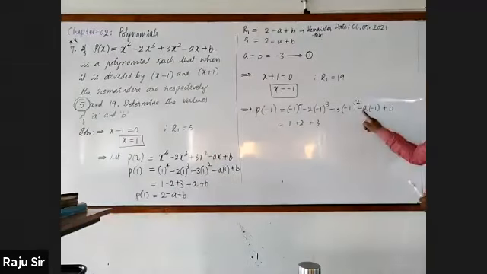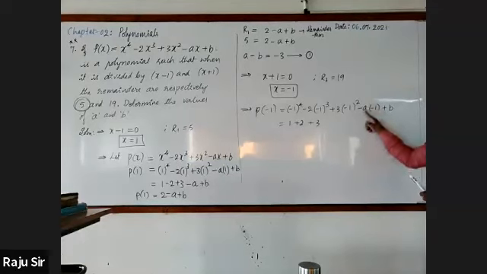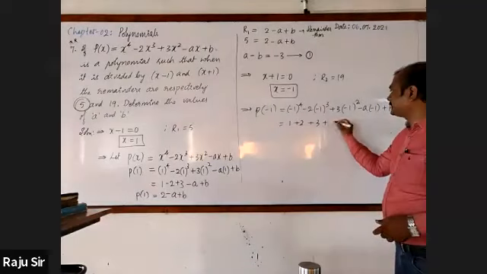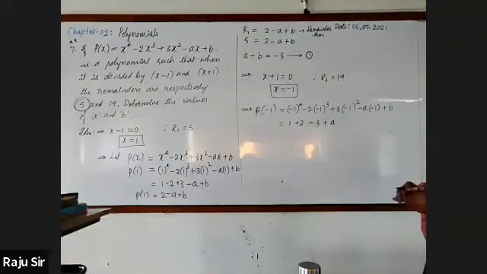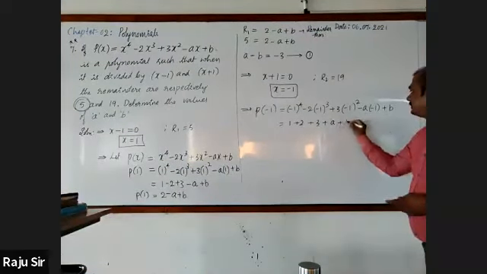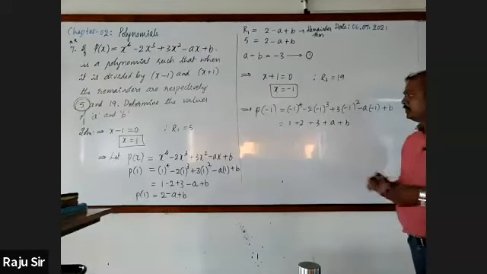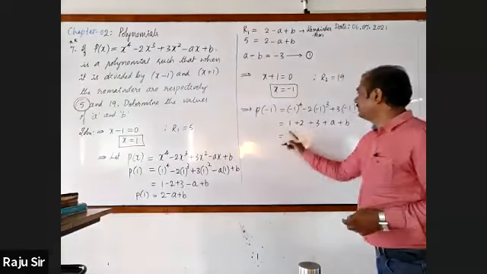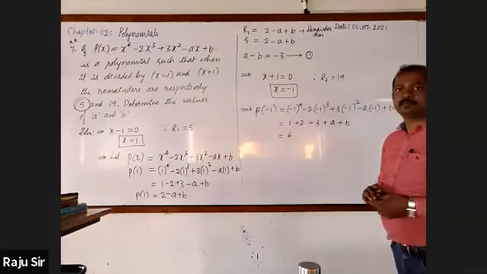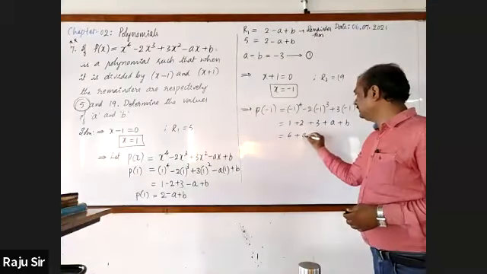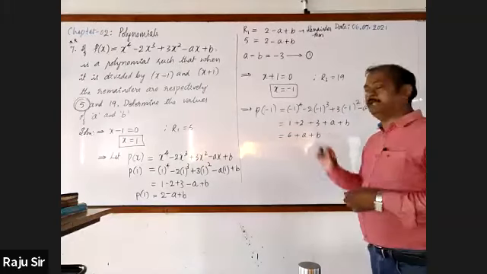Next, minus a into minus 1 is plus a. Then plus b. Add them: 6 plus a plus b.